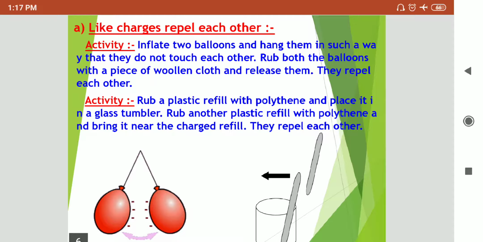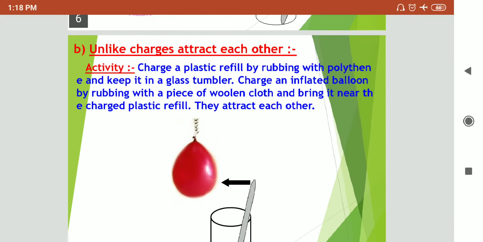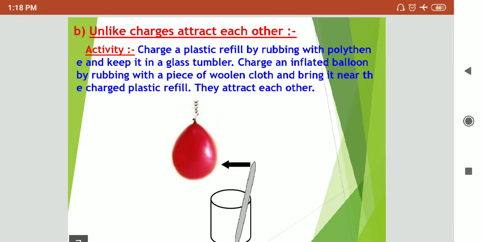On the other hand, we can do one activity in which we can see that unlike charges attract each other. Here is the activity, using the same materials. The balloon is rubbed with a woolen cloth and the refill is rubbed with the polythene. Now let's see what happens when both are brought together.